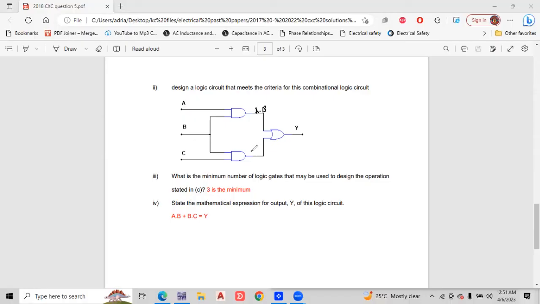So it means that the operation would be B dot C. Now remember the mathematical operation for our OR gate is addition. So in order to get an output here, you'd have A times B plus B times C. So it means that Y would equal A dot B plus B dot C. All right, and that's the mathematical expression for the output. And that's how it is done. All right, so that's it for this question.